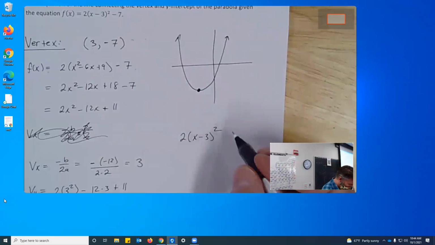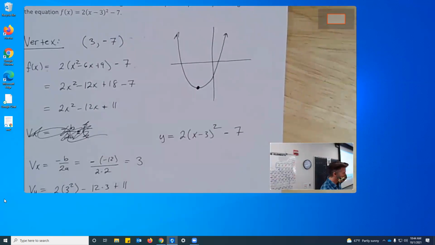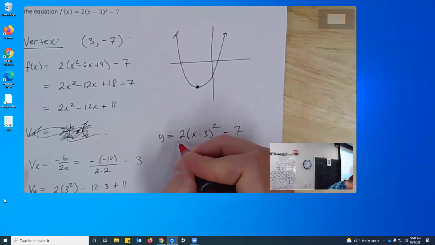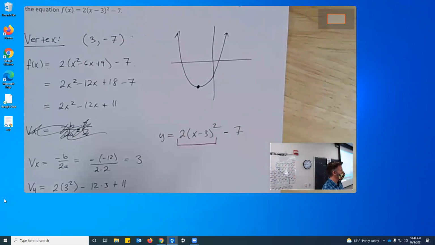So the idea here is I want the y value to be as tiny as possible. And you just said what I was going to ask, which is what value of x do I need to pick to make this part as small as possible? Well, you all just told me the smallest that can be is 0.